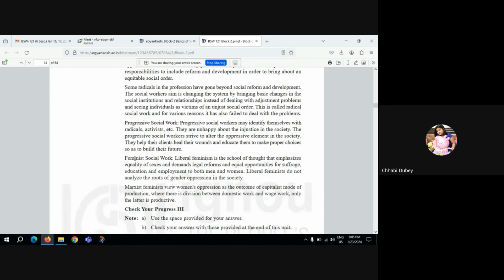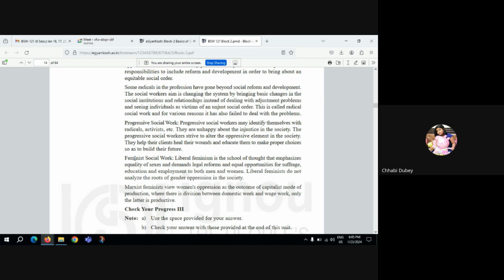Now after that, we come to the next concept of progressive social work. Progressive social workers may identify with radicals or activists, and they are quite unhappy about the injustice in society. So they are fighting to alter these oppressive elements in society and to heal the wounds of their clients and educate them to make proper choices for building their future.